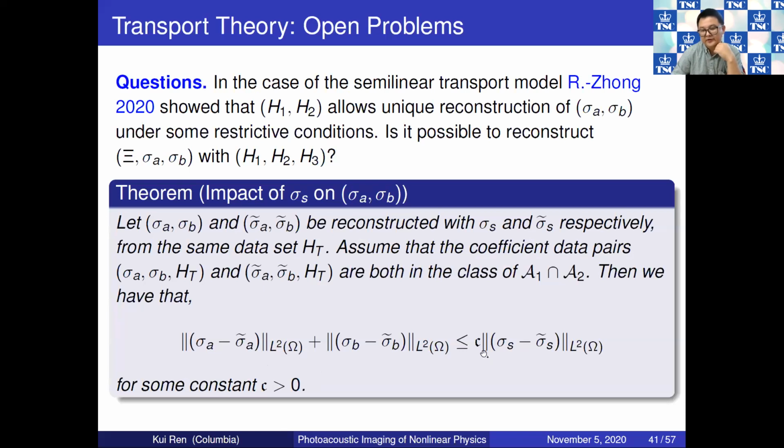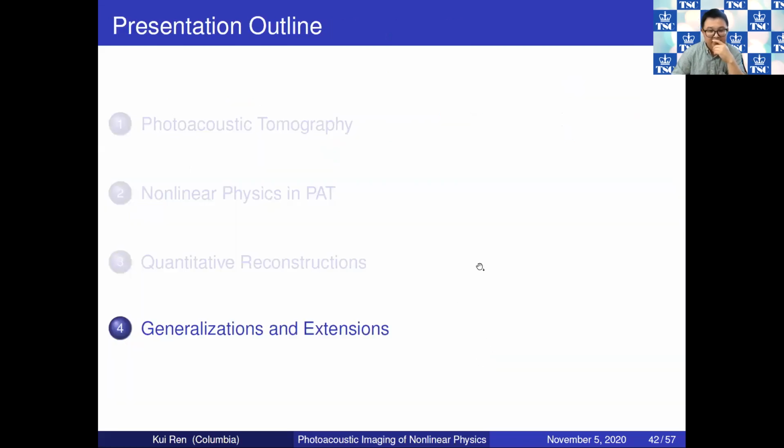That is, if you have some uncertainty in sigma S, you can show that its impact on the reconstruction of sigma A and sigma B is minimal. So this constant is very small. Actually, numerical simulations tell you that. Again, I don't know how to make it explicit, but there are numerical simulations in the diffusion regimes that tell you something like this.